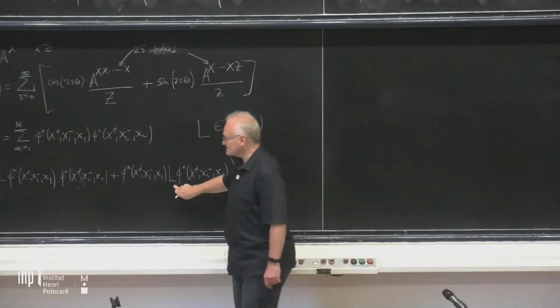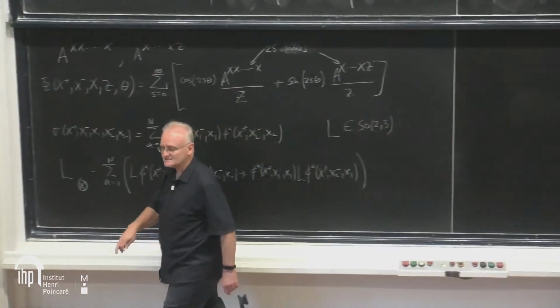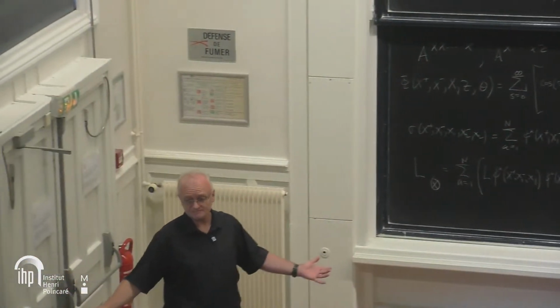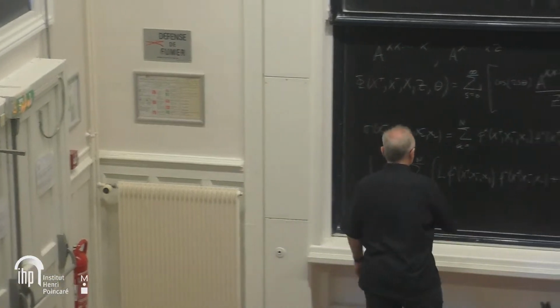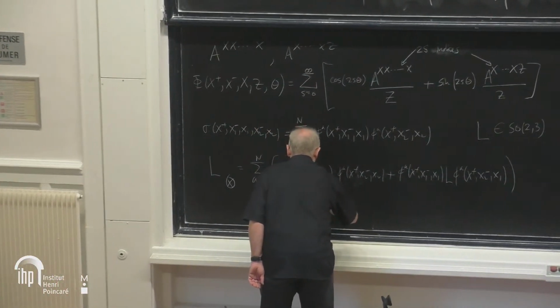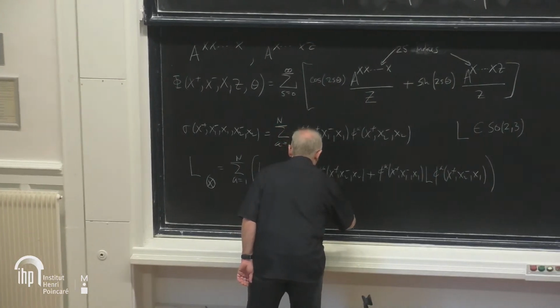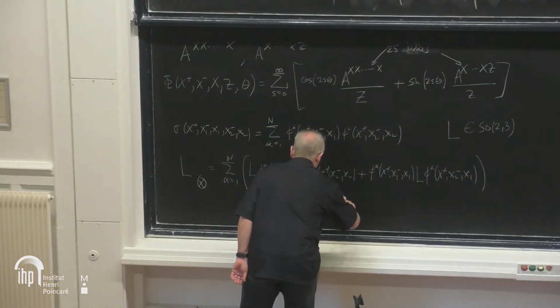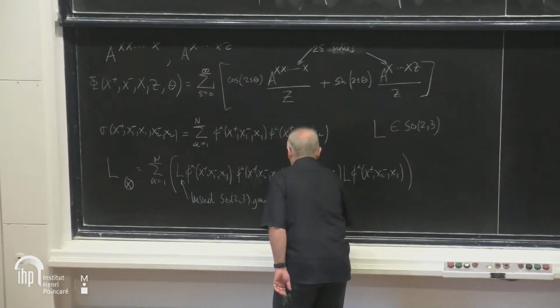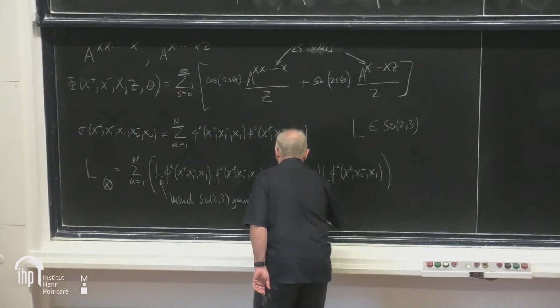And this A_l that's sitting here is nothing fancy. It's the usual action of the conformal group on a scalar field. So, the usual SO(2,3) generator on a free scalar.